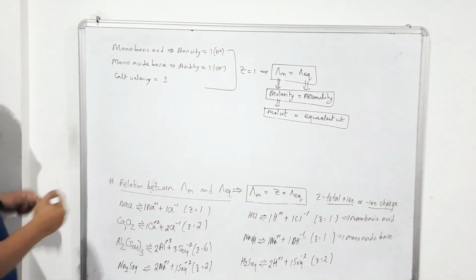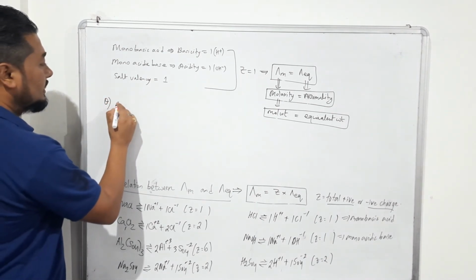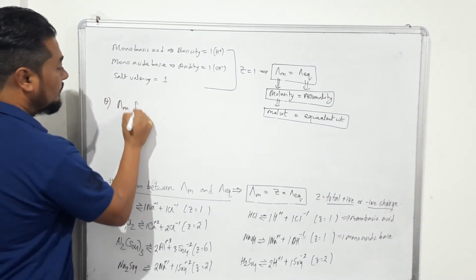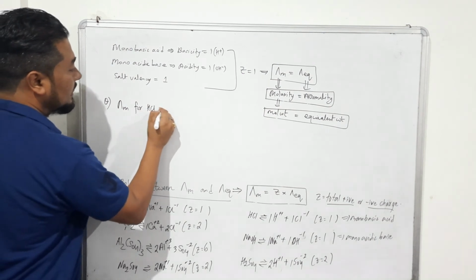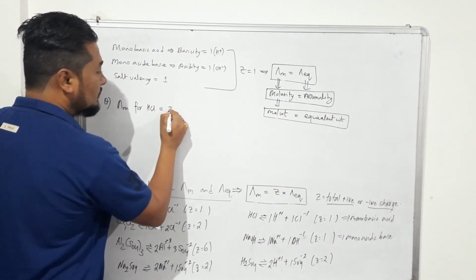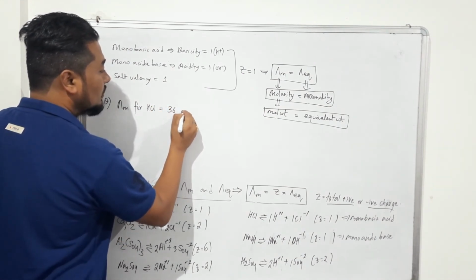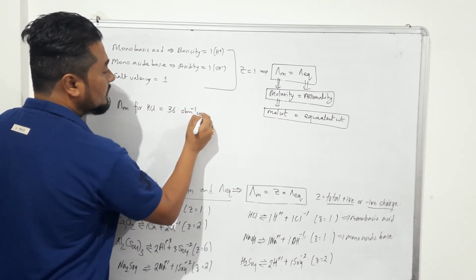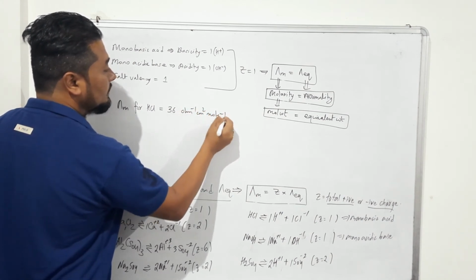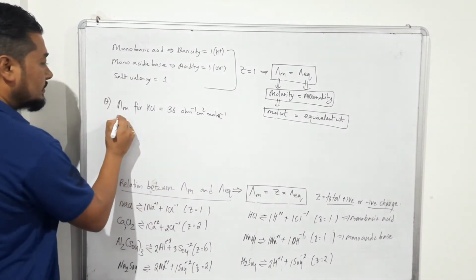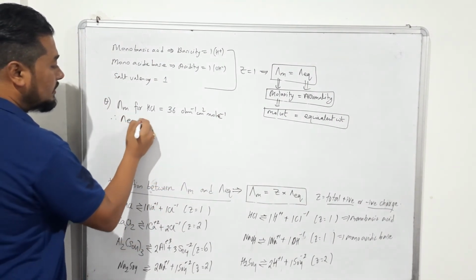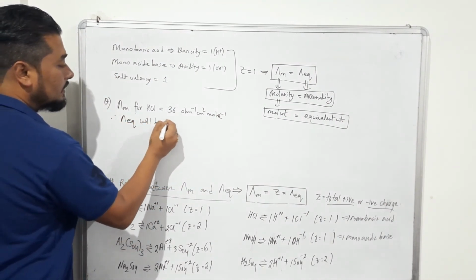Suppose I give you one objective question like this: lambda M for HCl is equal to, suppose, 36 ohm inverse centimeter square mole inverse. Therefore lambda EQ will be how much?